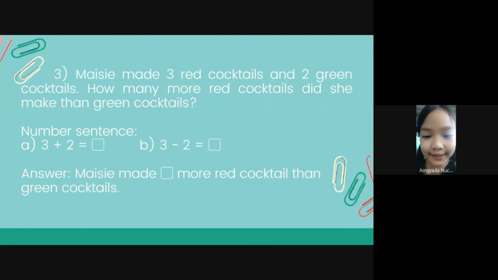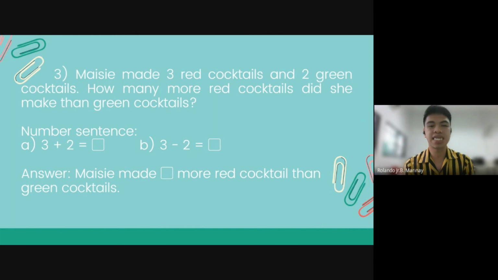Number 3. Macy made 3 red cocktails and 2 green cocktails. How many more red cocktails did she make than the green ones? What is the correct number sentence? Is it A, 3 plus 2 equals box, or B, 3 minus 2 equals box? B, 3 minus 2 equals box.